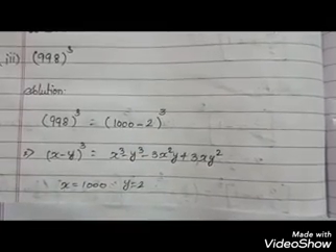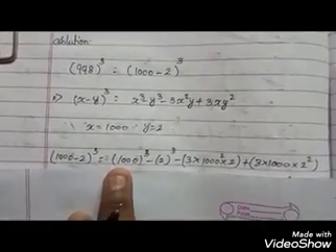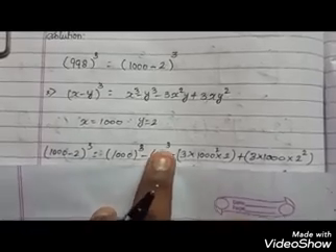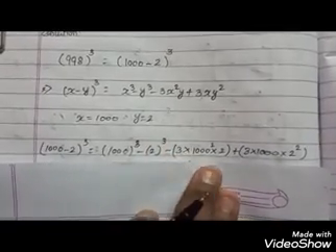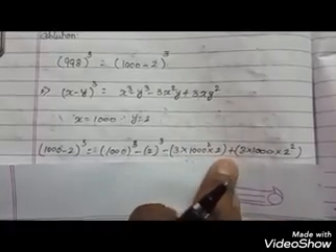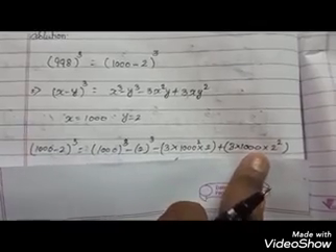And next, what is the procedure? Direct substitution: x cube is 1000 cube, minus y cube, which is 2 cube, minus 3 into x square y, which is 3 into 1000 square into 2, plus 3 into 1000 into y square, which is 2 square.